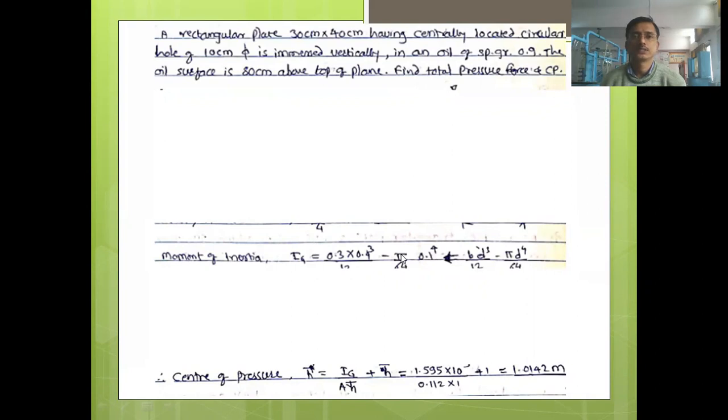The oil surface is 80 centimeter above the top of the plate. Find the total pressure force and center of pressure.